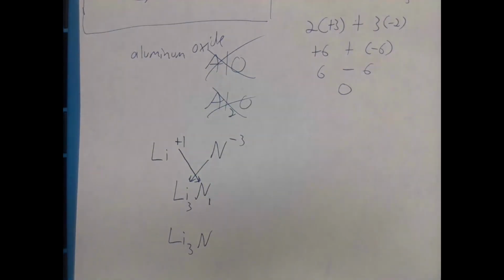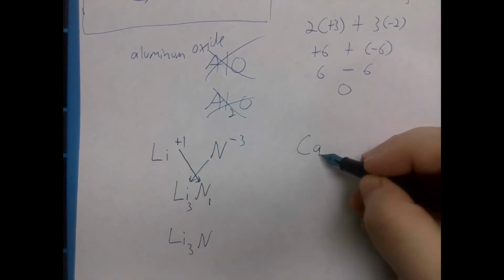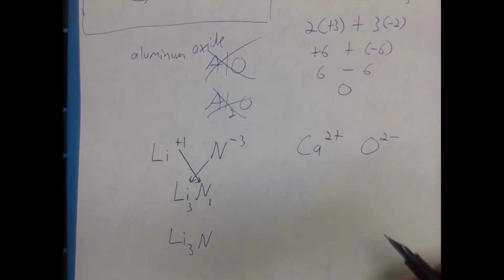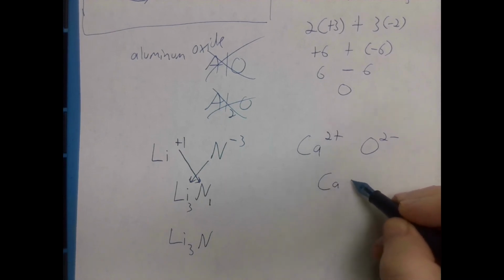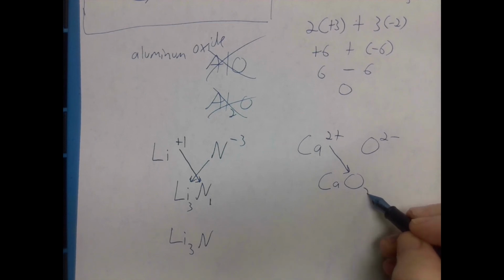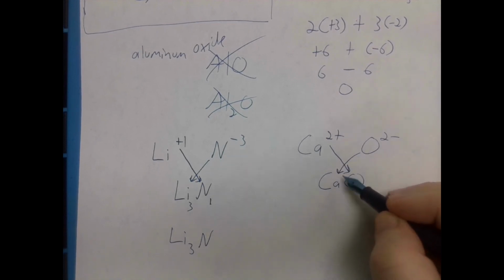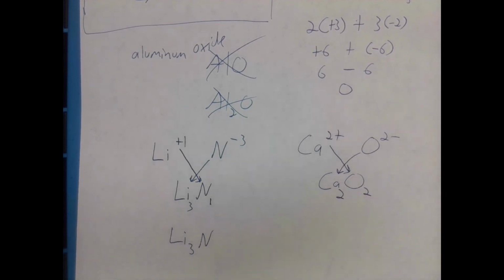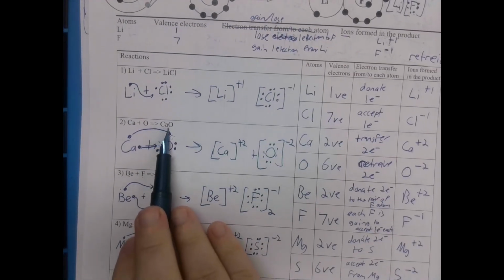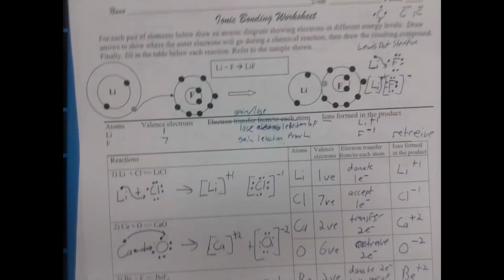The reason why I don't show you the crisscross method is, let's do one we've already done. Let's do the crisscross method of calcium, which is 2+, and oxygen, which is 2-. So I write it down, I cross, and I get Ca2O2. What was the real formula, with imaginary ones next to it?